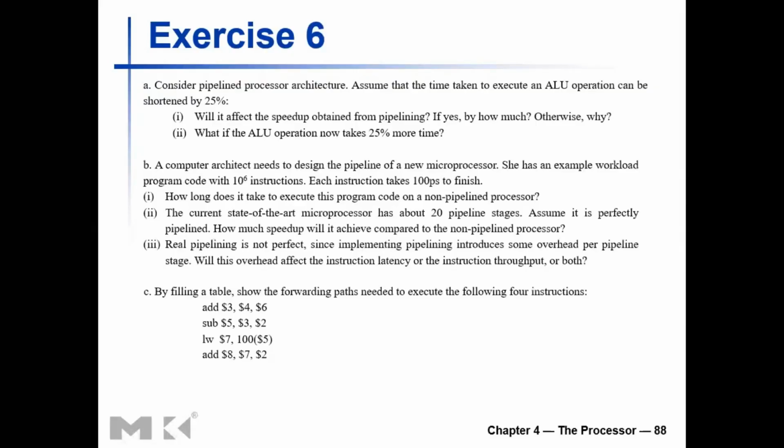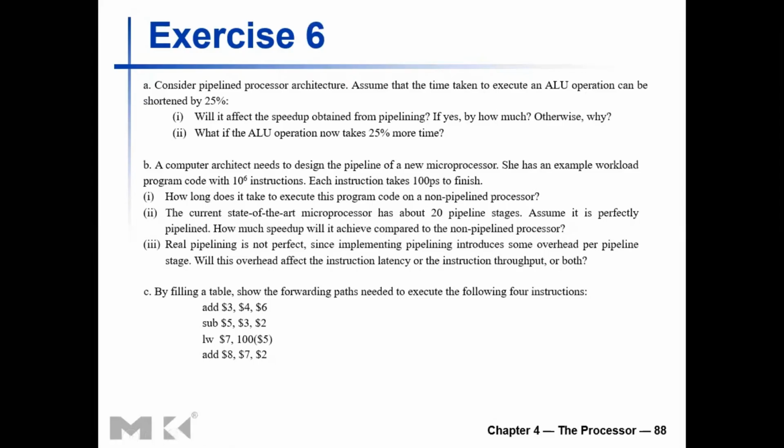Okay. Part A, consider pipeline processor architecture. Assume that the time taken to execute an ALU operation can be shortened by 25%, right? So you have a pipeline processor architecture which has an ALU stage, and the time taken to execute the operation inside the ALU can be shortened by 25%, right?